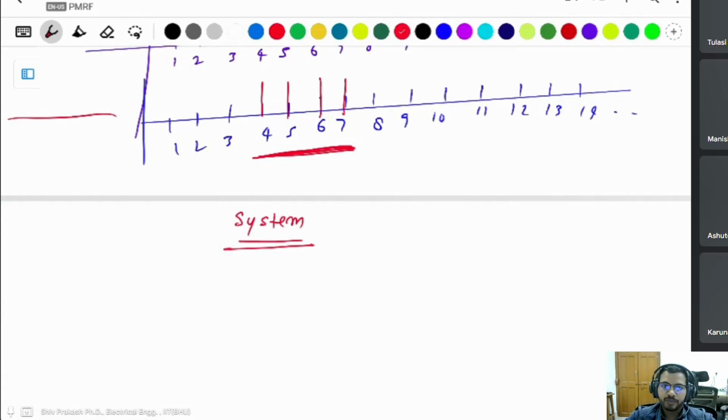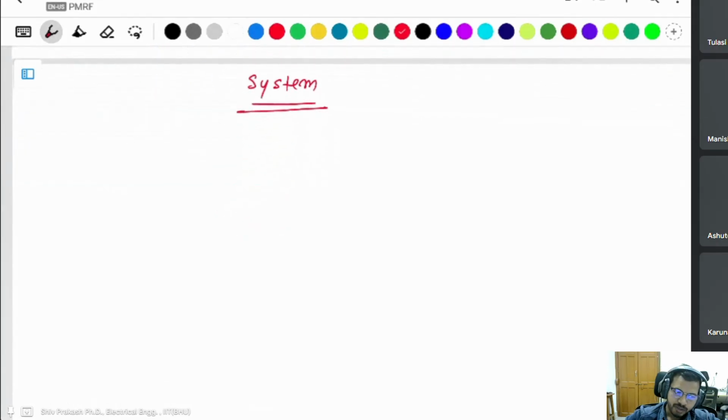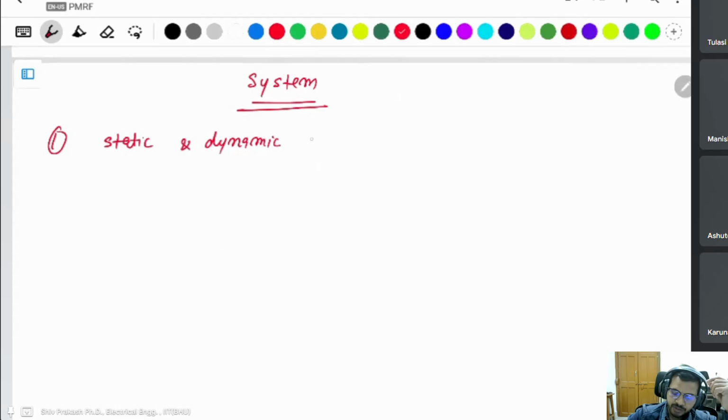It gives the desired output by processing the given input. There are many types of systems. In signals and systems, the system is of many types, like static and dynamic systems, also known as memoryless and with-memory systems. Static means memoryless. Dynamic is with memory, which has some memory in that system.